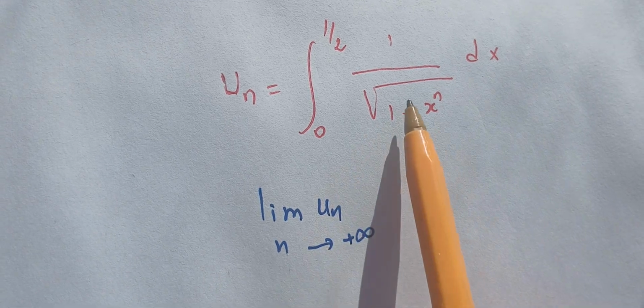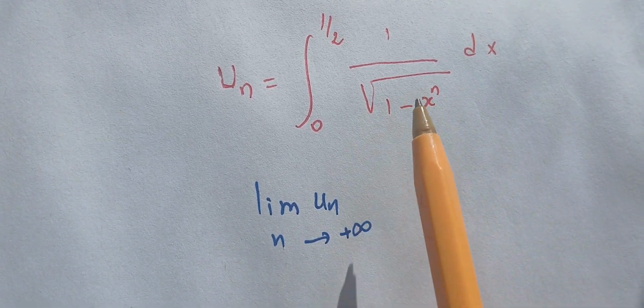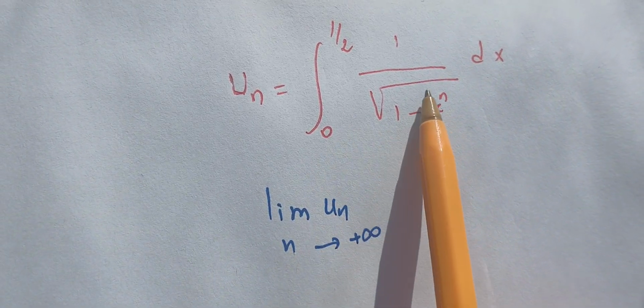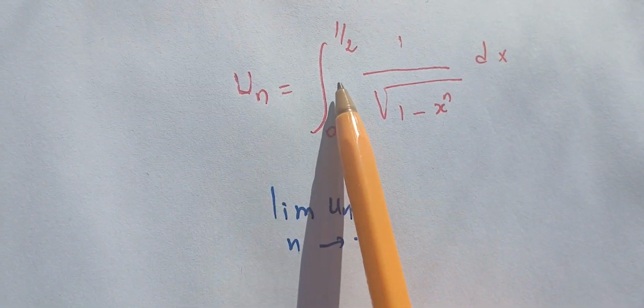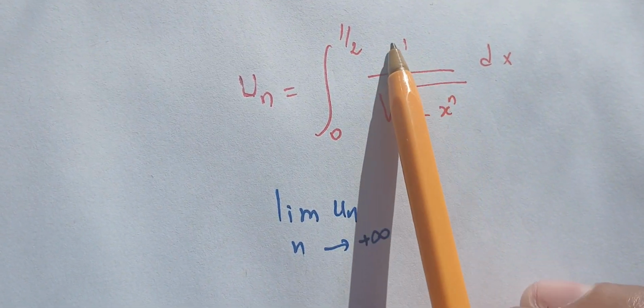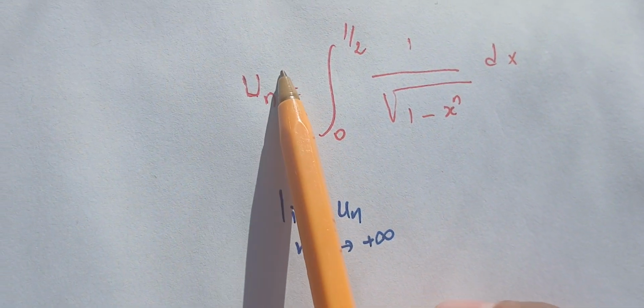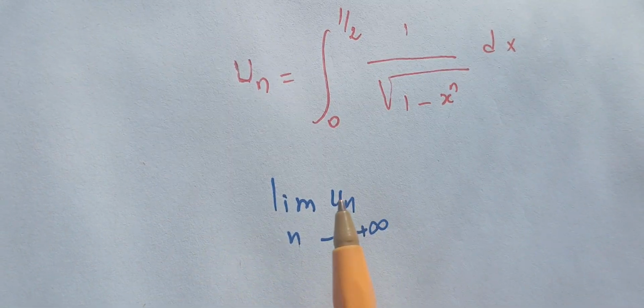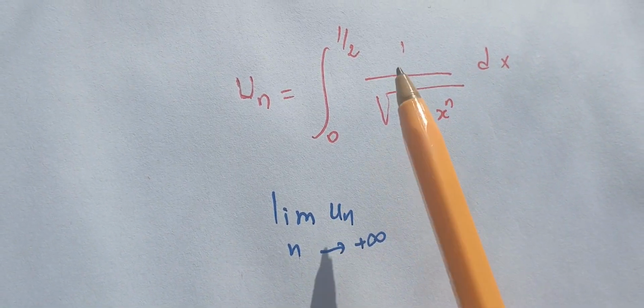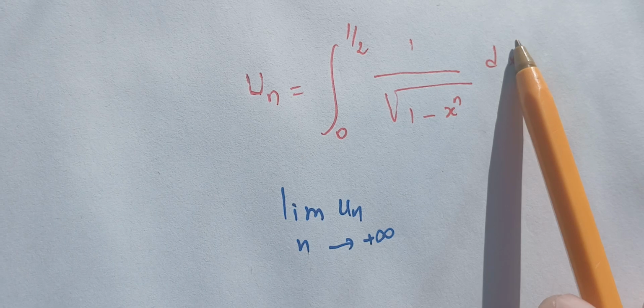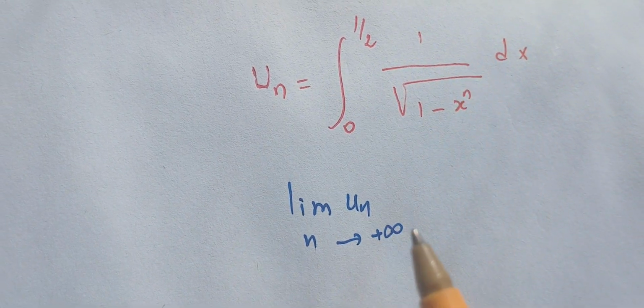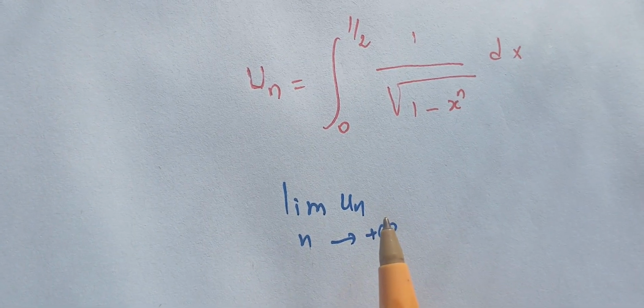Note here that we are treating x as a constant when we integrate, and therefore this integral will depend on n. So we can treat u sub n as a sequence. Okay, and we're going to base our reasoning on the squeeze theorem.